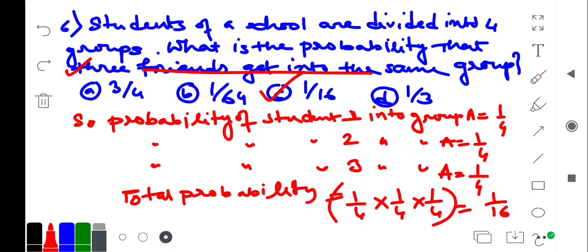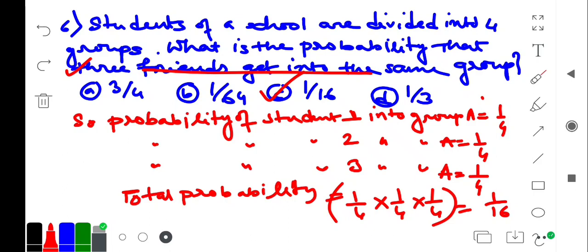So if 3 students are grouping in the A group, all have the same probability to go in the same group. For one student in group A, the probability is 1 by 4. For the second student, that is also the same probability, 1 by 4. For the third, it must be the same possibility, 1 by 4.